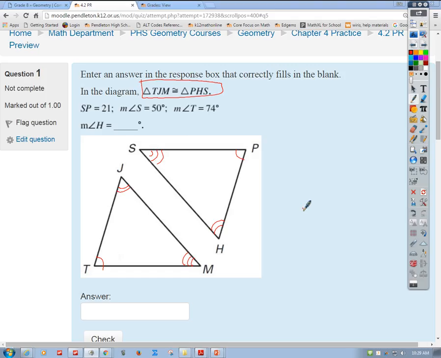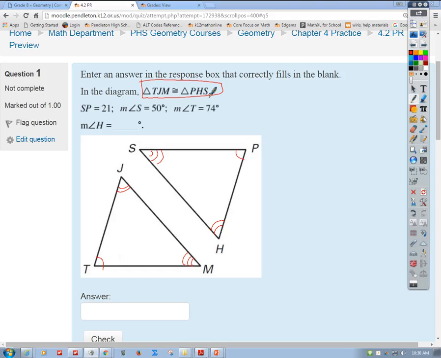Okay, what's a pair of sides that would be congruent between these two triangles? H and J would be angles. If I'm going to say a side, how would I name a side here? Side HS. So HS would have to go with JM.